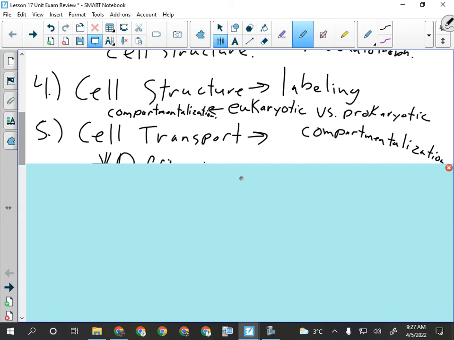So the way I'm going to ask about cell transport is with a situational, apply your knowledge type of question. Actually, I'll give you a way that I used to ask this on the unit exam. I used to put a cartoon that had a picture of a snail family, all these snails in a car, and a sign that said, "Welcome to the Great Salt Lake."